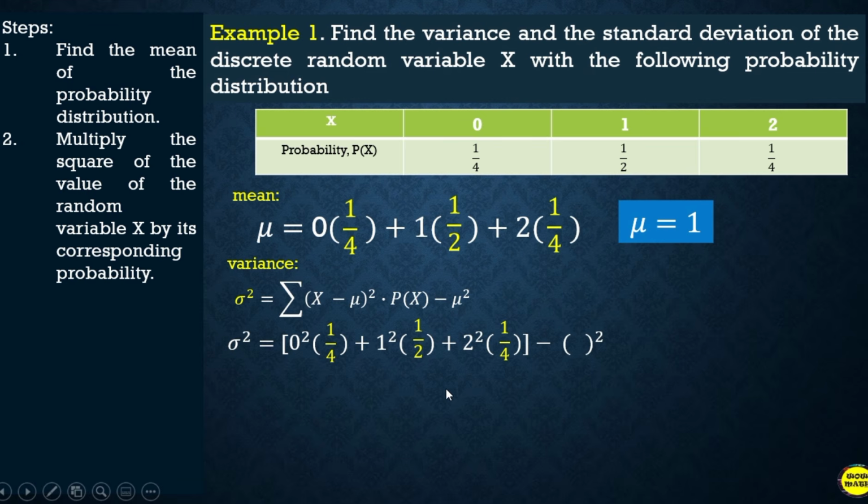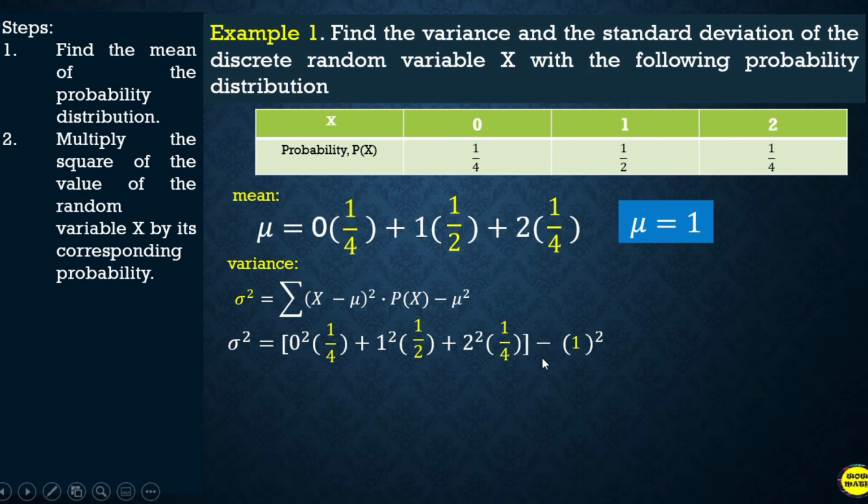So, ito class, ang pagkuha ng variance, gamit yung formula na to, itong part na to. And then, ima-minus natin sa squared ng mean ng probability distribution. So, ano ba yung nakuha nating mean value? That is 1. So, ilalagay natin dito, 1. Class, paalala lang na dapat itong part na to ay magkasama.